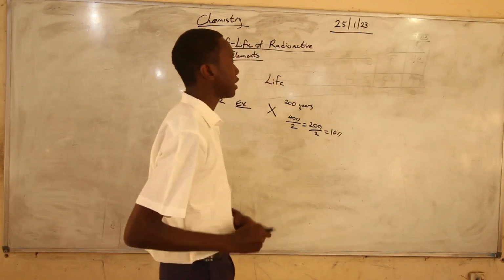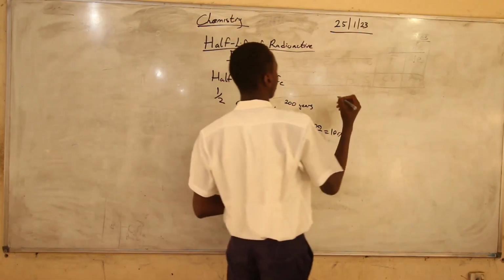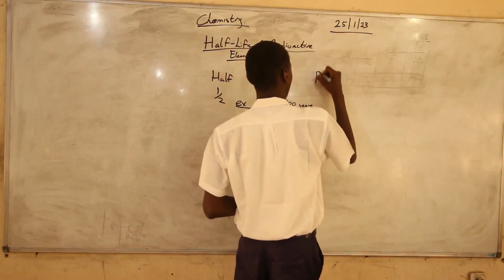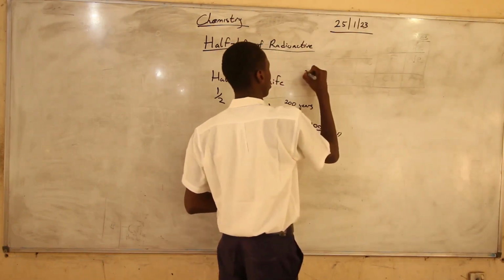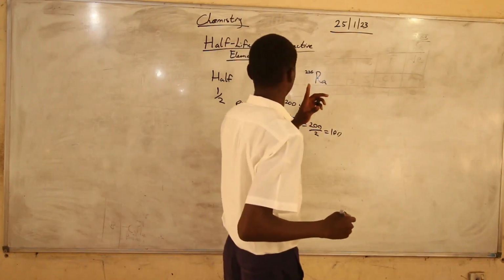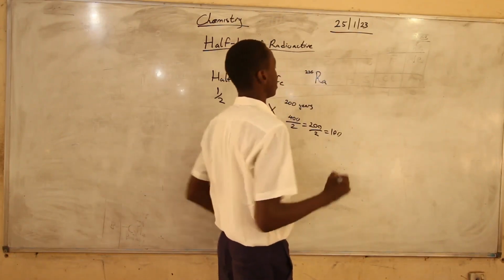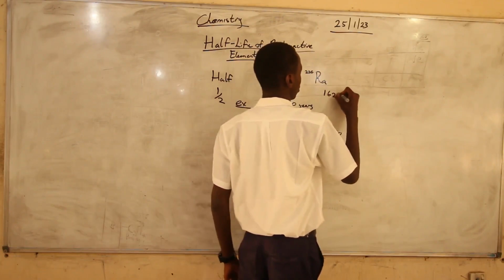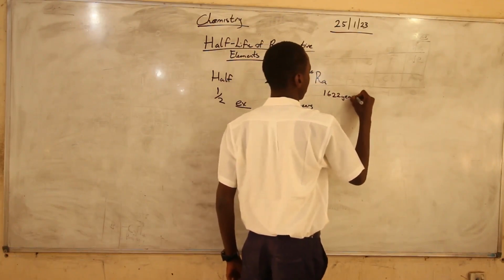Let me give you an example with a real radioactive element, which is radium-226. The half-life of this element is 1622 years.